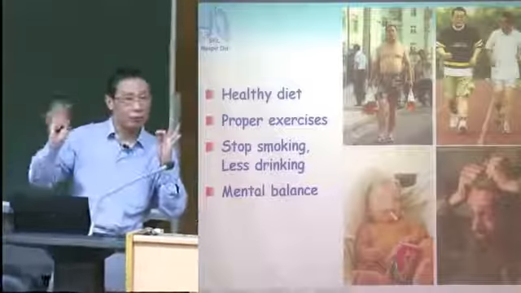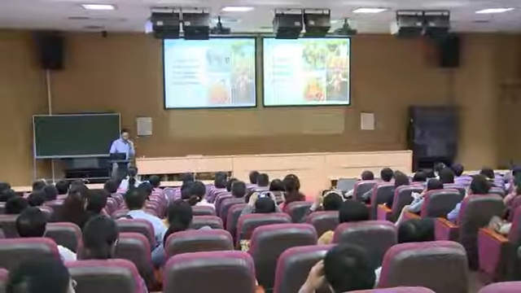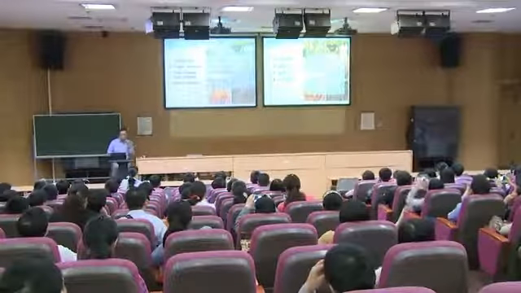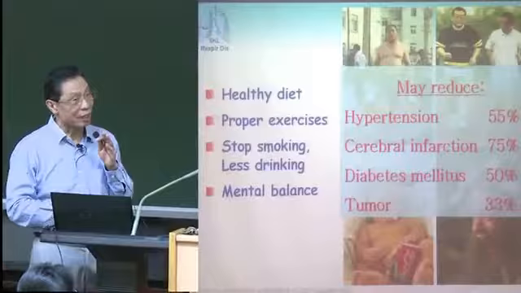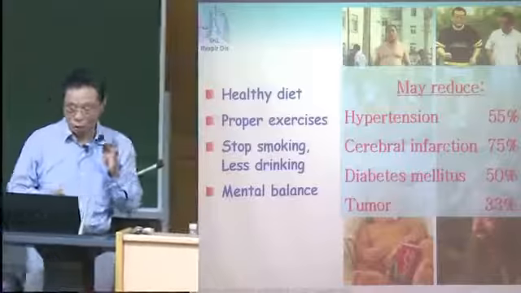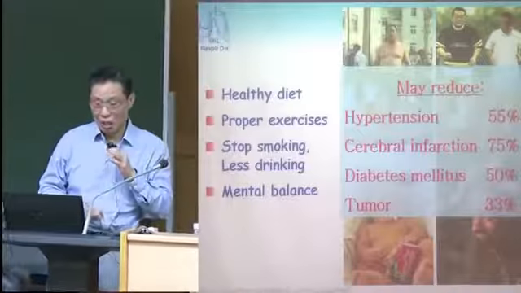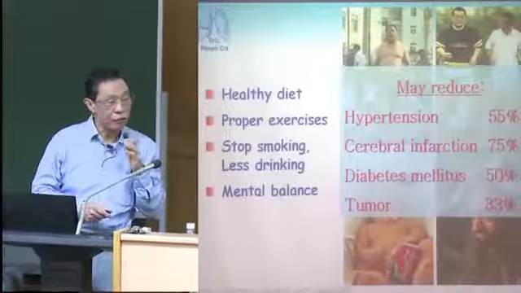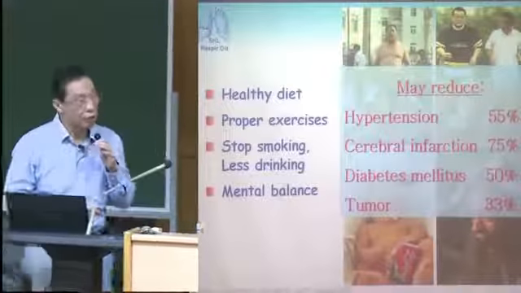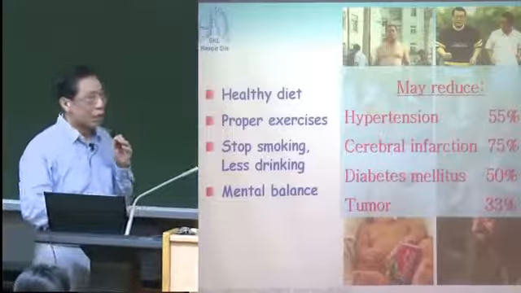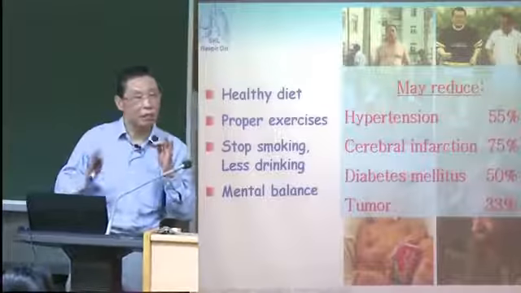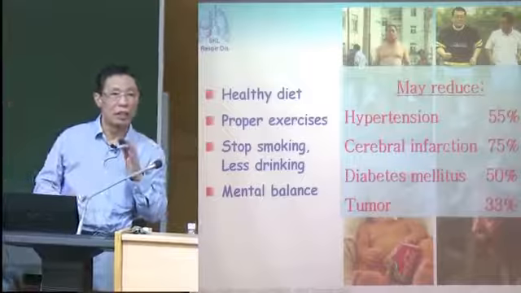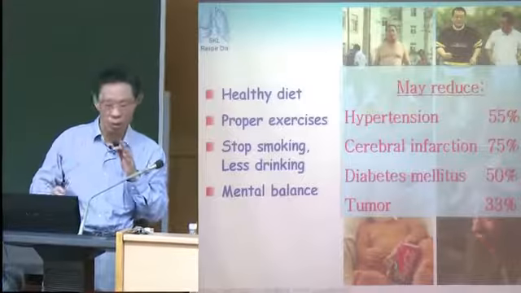If you can keep these four points very well, I think you can reduce hypertension by 55%. Whether you believe that is up to you. Cerebral infarction, 75%. Diabetes, 50%. And tumor, 33%. So a correct lifestyle is very important. This is according to the modern medicine model.